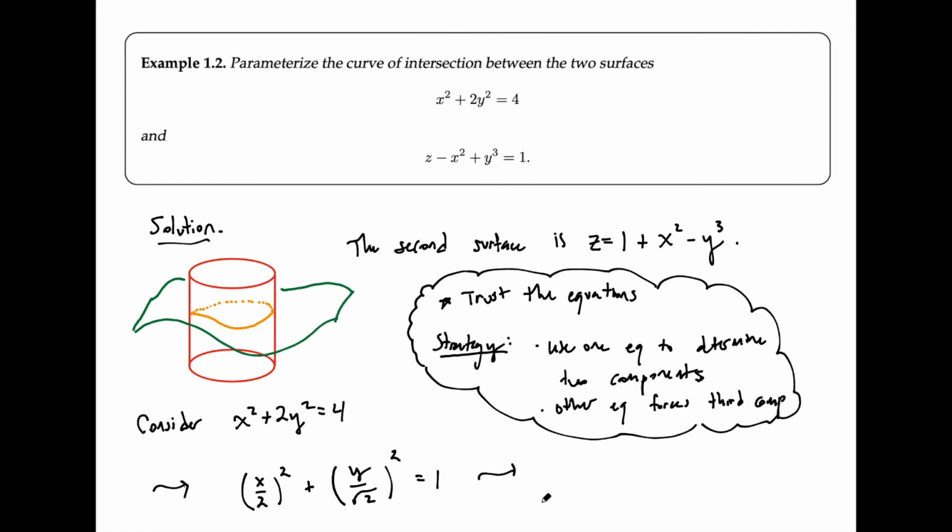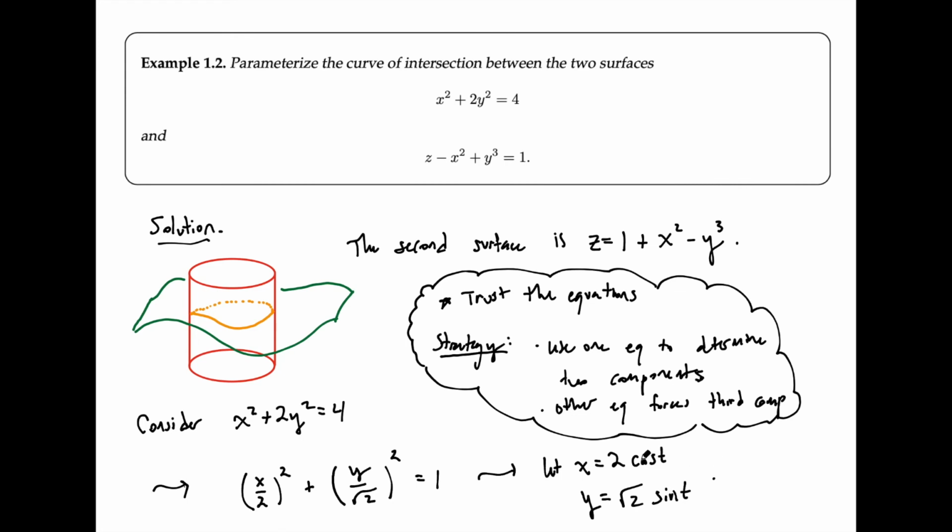So this tells me that I want to let x over 2 be cosine of t, which means x can be 2 cosine t. Likewise, this tells me that I want to call y over root 2 sine of t, which means y should be root 2 times sine of t.